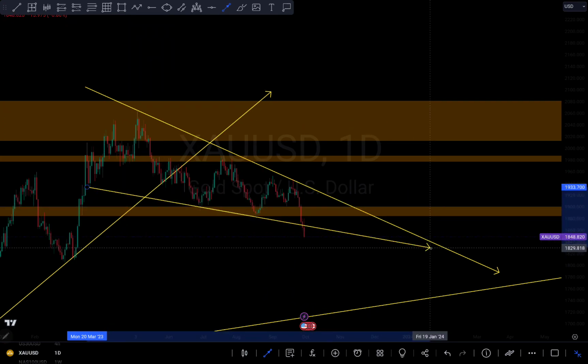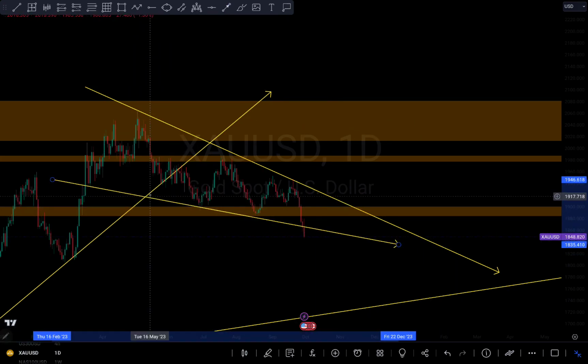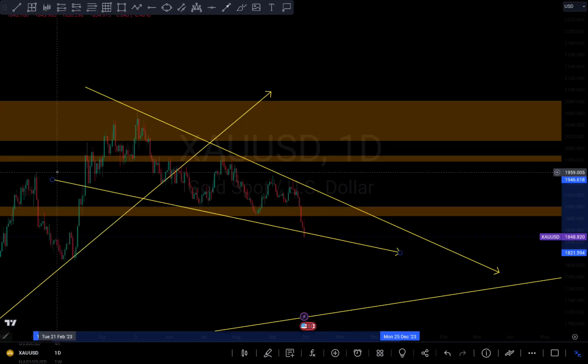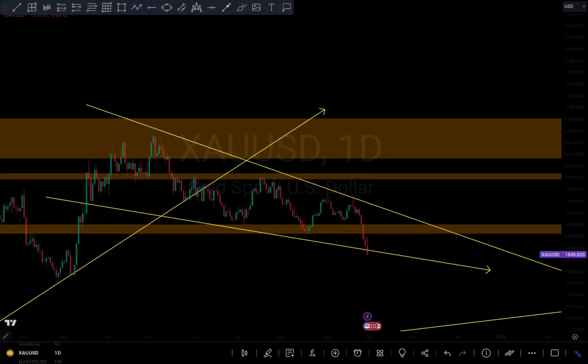So let's see right here. Remember I said to touch, make a trend line. So as long as it touches, it is a trend line. For support and resistance on a trend line, this is the resistance here, and this is the support here.